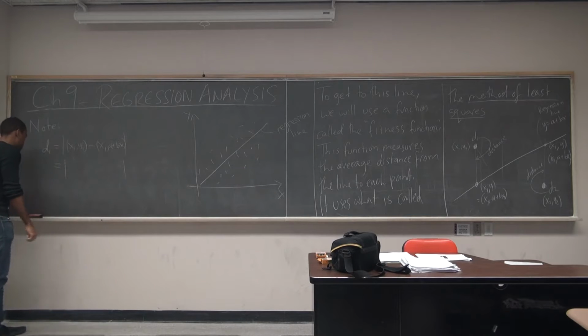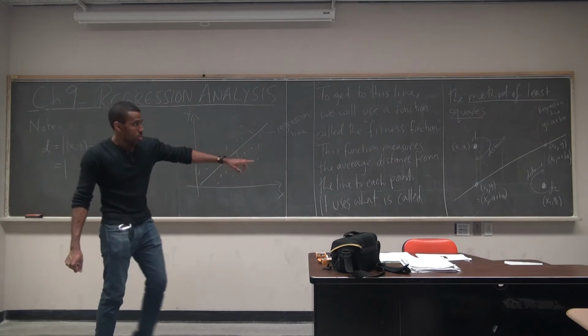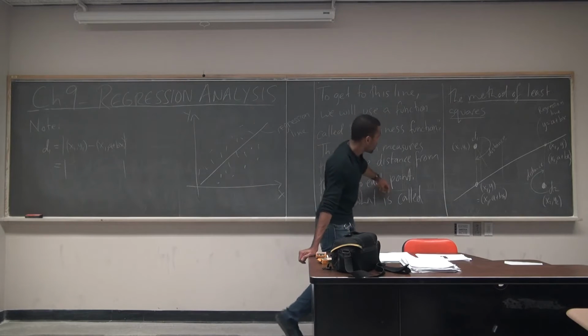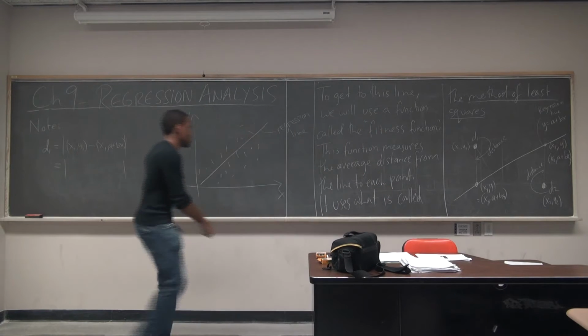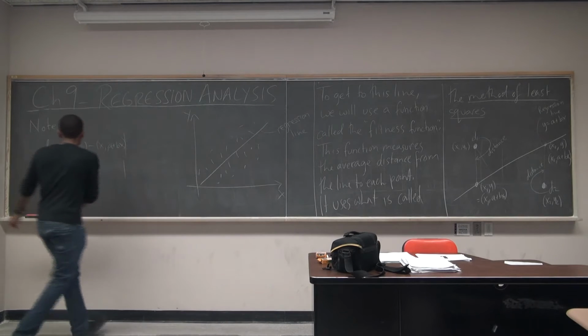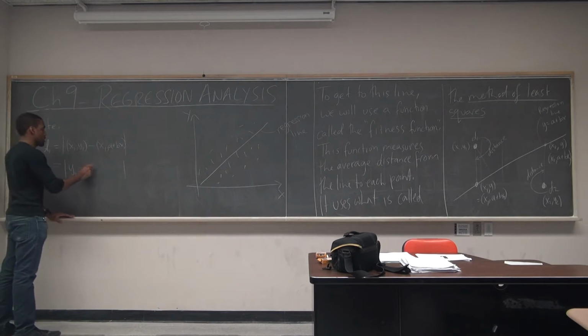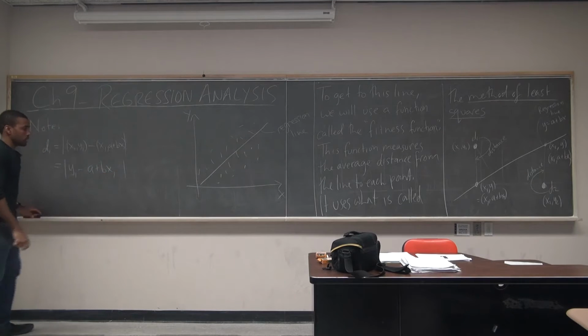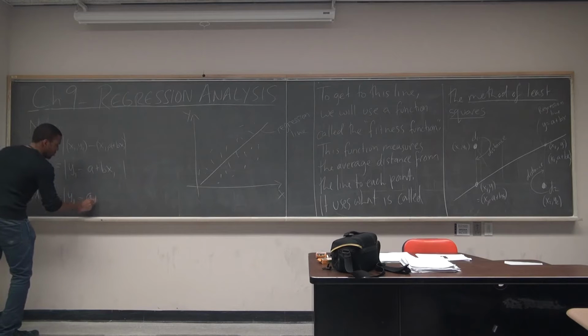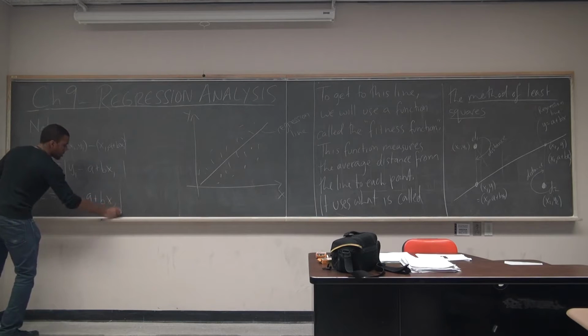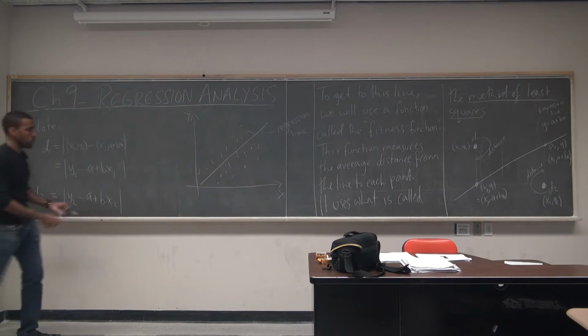So what would that look like? I take the difference in the y values. The order doesn't really matter. So y1 minus (a plus b x1). It's a vertical line, so the distance between them is just the distance between the y values.